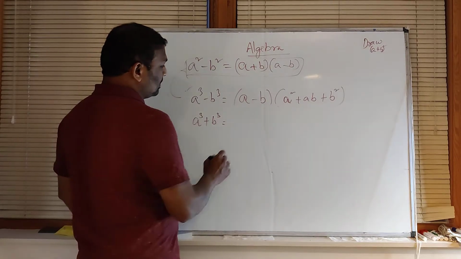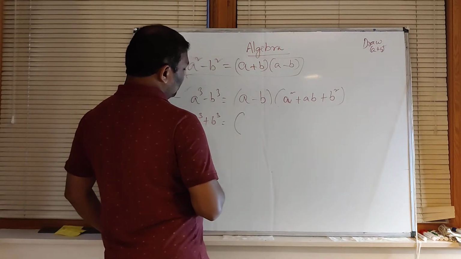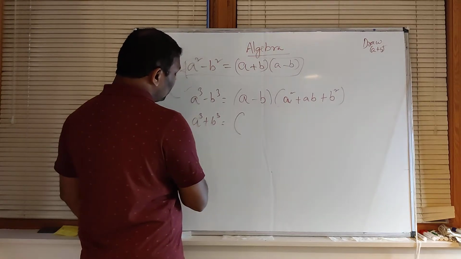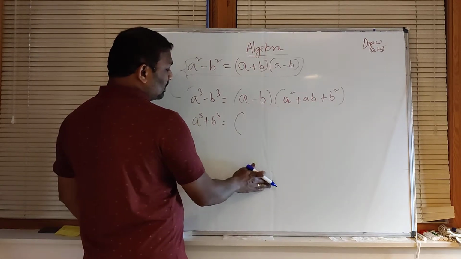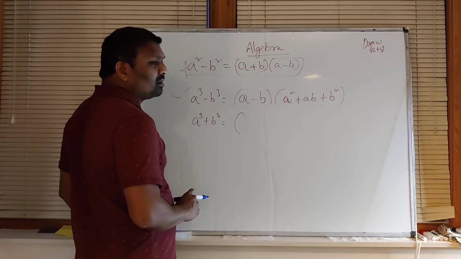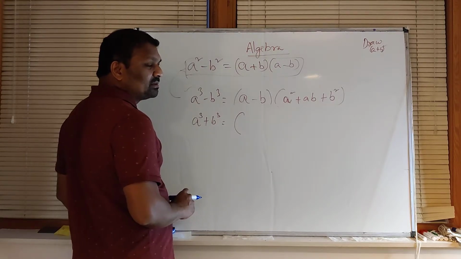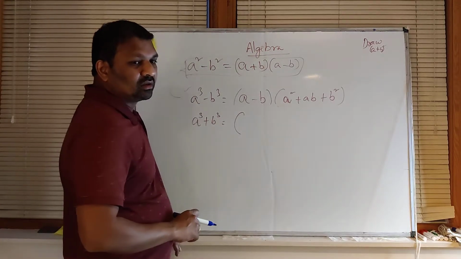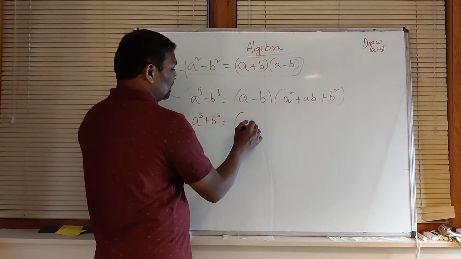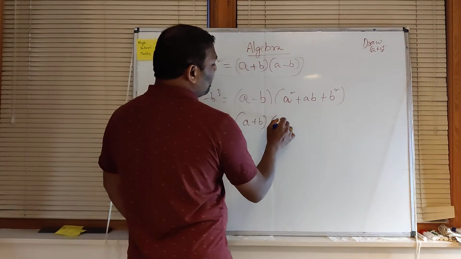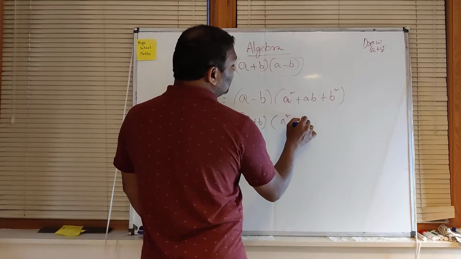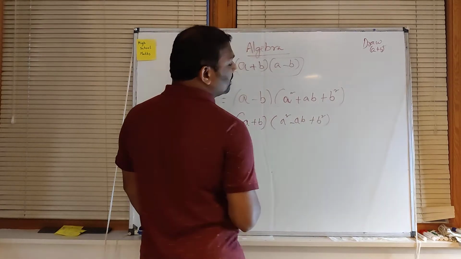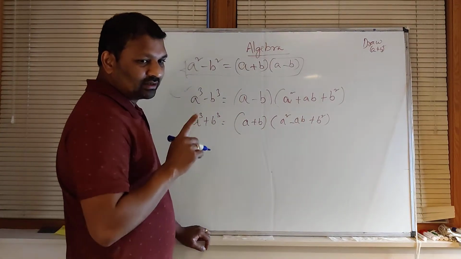What are you going to take out common? A plus B whole cube? It can't be. How can it be equal to A plus B whole cube? A plus B bracket A square minus AB plus B square. Okay. Remember, like we discussed some time back.